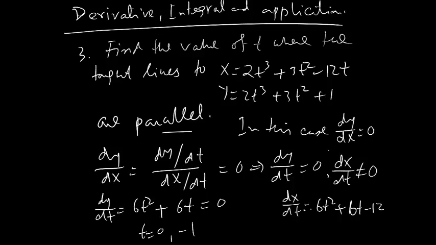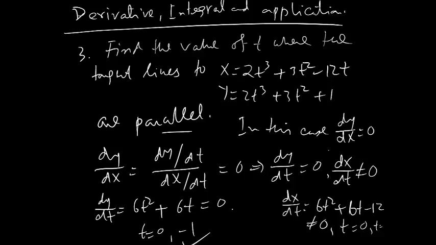When you plug t equals 0 in here, you see that this is not 0. And when you put -1 also, you see that it's not 0. So these are the points. t equals 0 and -1 will make our tangent line horizontal on the graph.